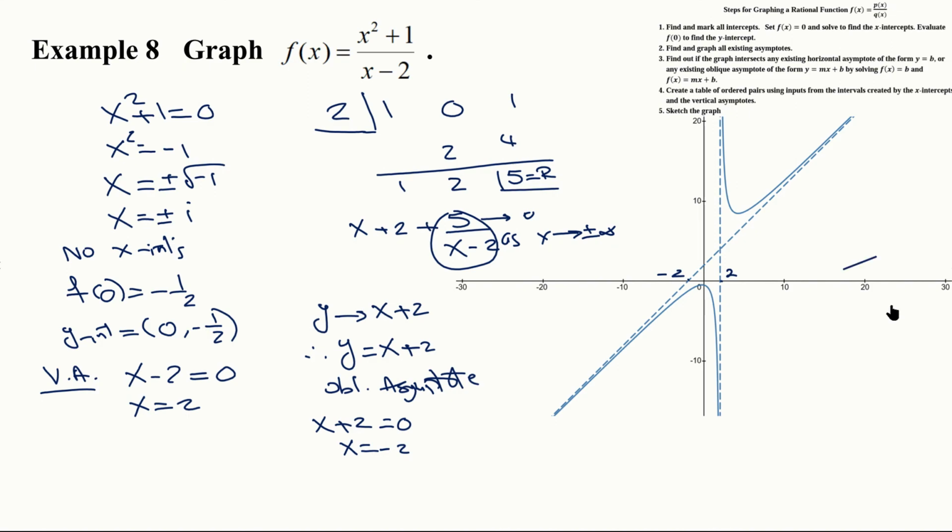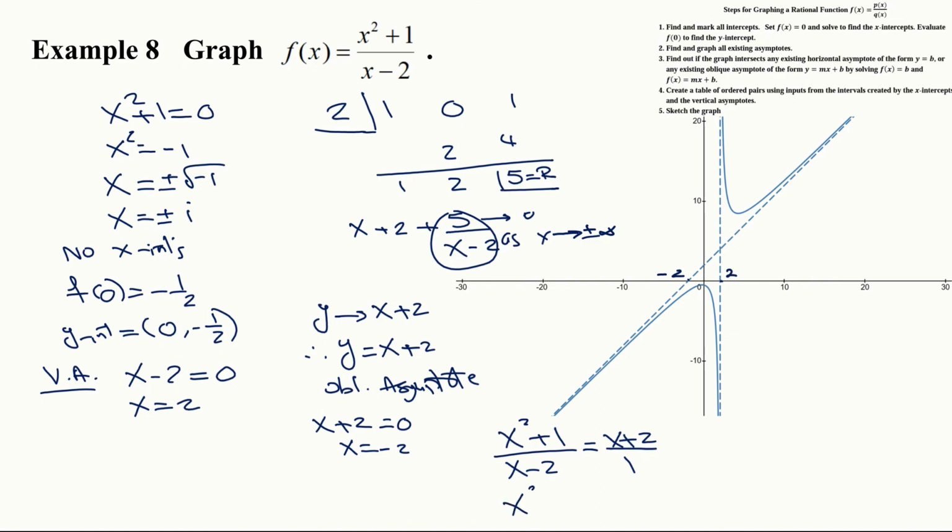So what we can do is we can go ahead and check to see if the graph ever crosses this asymptote, right? This oblique asymptote. We go ahead and set the function equal to that expression. So x squared plus 1 over x minus 2, we set it equal to x plus 2. Go ahead and throw a 1 here and cross multiply.